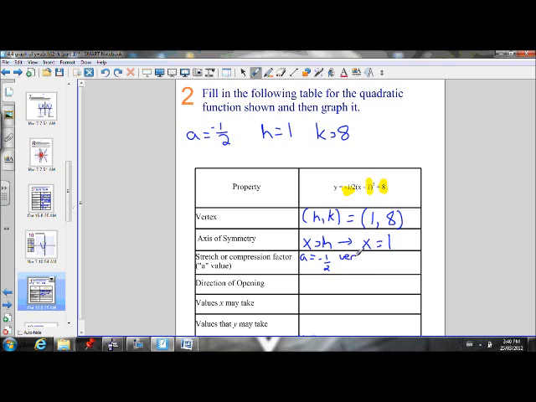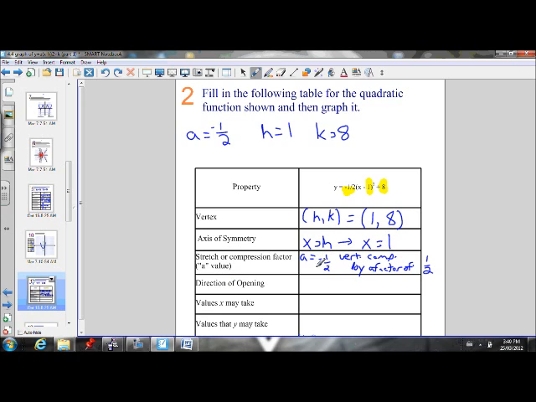So, I'm going to use short forms in here: vertical compress by a factor of 1 over 2. When we're describing the vertical compression or even a stretch, we're not going to include the negative when we describe it by a factor of the a. The negative is only important for when we're describing the direction of the opening.